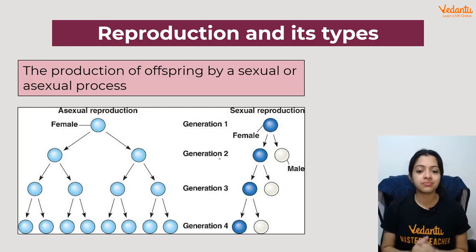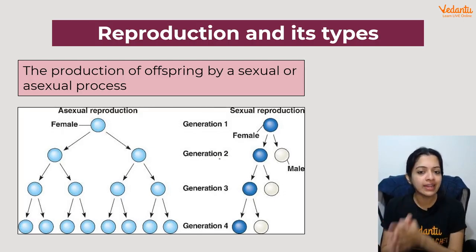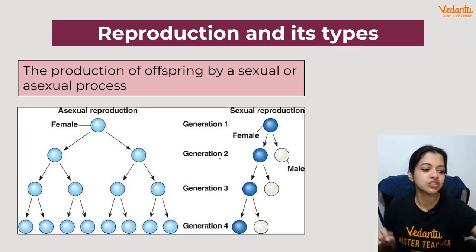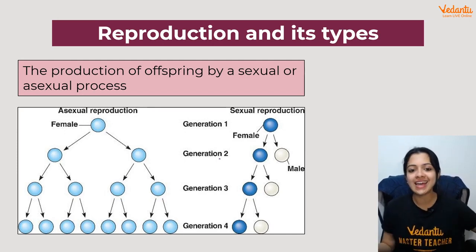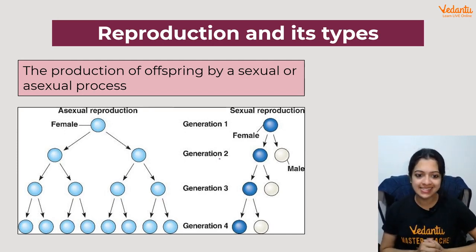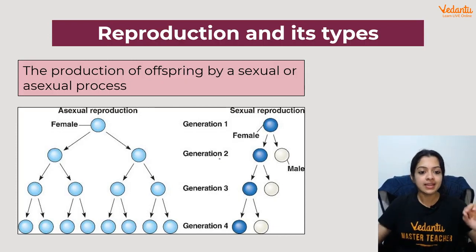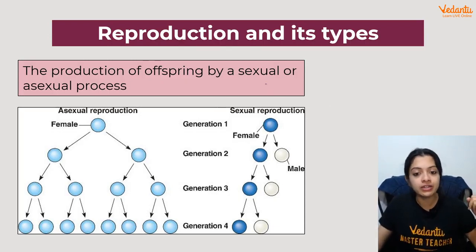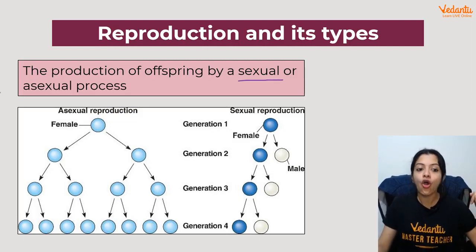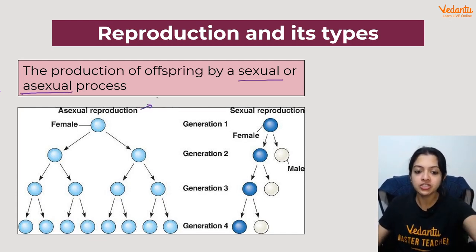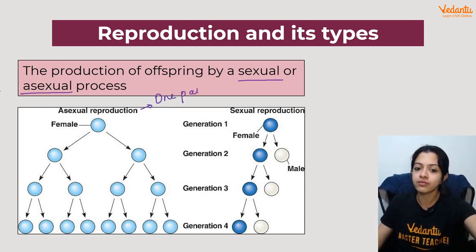Let's take a break from that and let us focus on our contents for the revision workshop. What is that? Reproduction and its types. We know that the production of offspring is what reproduction is. This can occur either by a sexual process or by an asexual process, right? Asexual reproduction is that in which just one parent is involved.